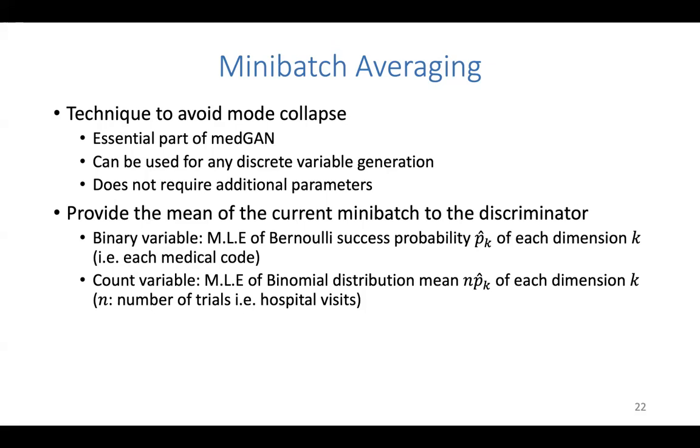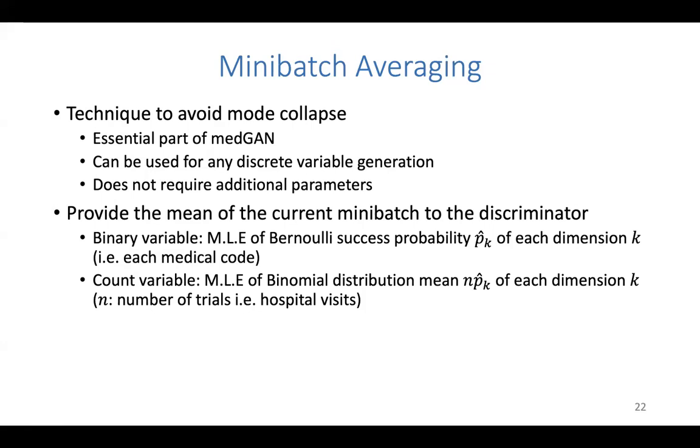So it's pretty tempting for the generator to generate only a small number of, or maybe even one, realistic sample, and just use that always to fool the discriminator. That is what is called mode collapse. The same thing can happen in the original GAN, or the same could occur in the MedGAN as well.